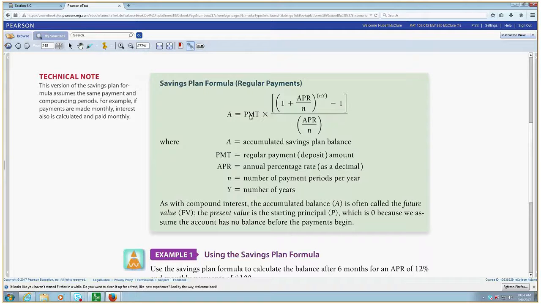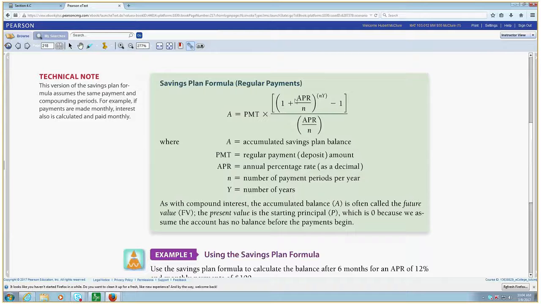The payment is what you pay per month. The N is the number of payment periods per year, which would be 12. And Y would be, and that's supposed to be T, and APR is supposed to be R. So we're not going there. You can change it if you want to.